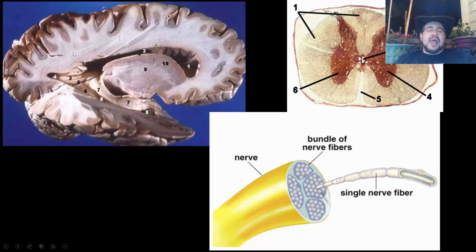So here we're actually looking at white matter. And any time you see white matter in the brain, that is myelinated axons. So a large portion of the brain is heavily myelinated. Here's a sort of cross-section of a spinal cord, we call it a transverse section, and you're looking down. And all around here is the white matter of the spinal cord.